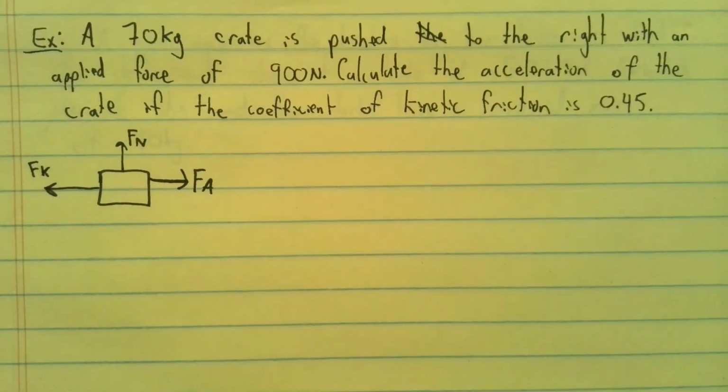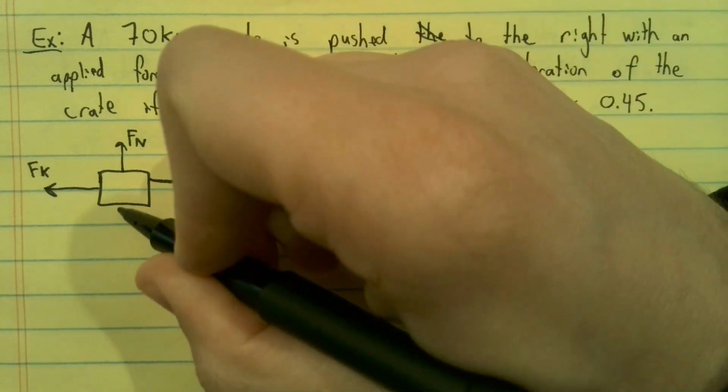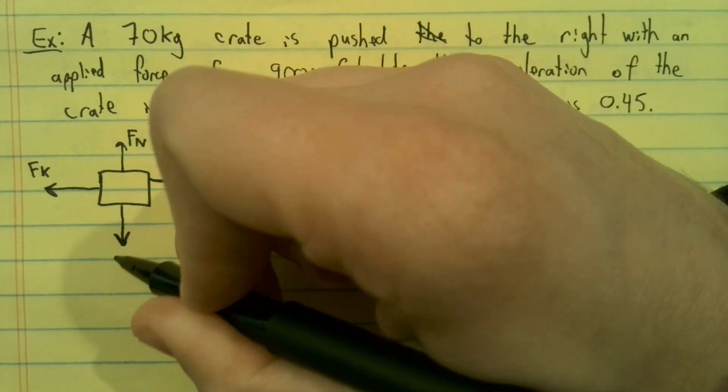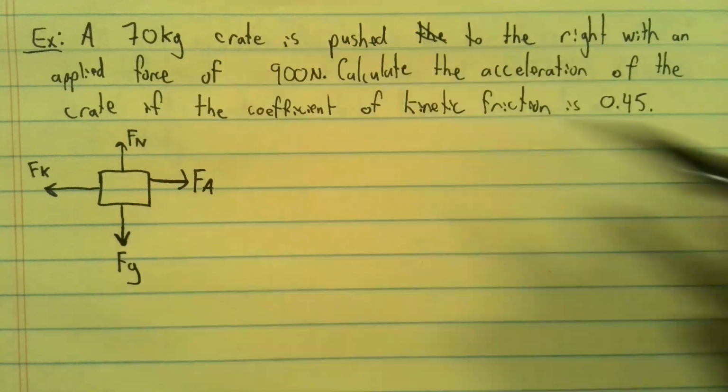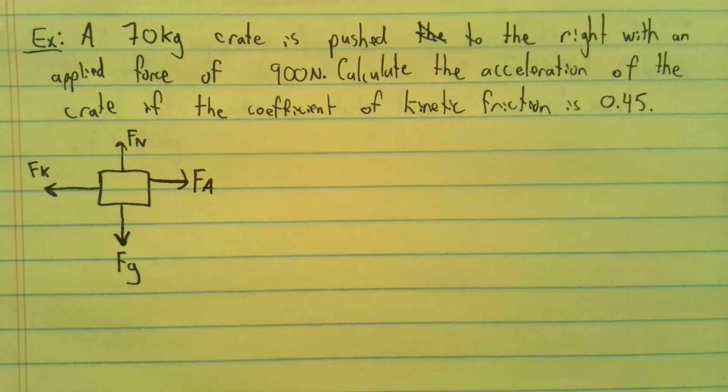Therefore, kinetic friction is present. Anytime it's sliding, there's kinetic friction. Is there static friction? No, we just labeled kinetic friction. Can't have both static and kinetic. And finally, is there gravitation? Of course there is. Gravity is down. And that's all the forces on my list.